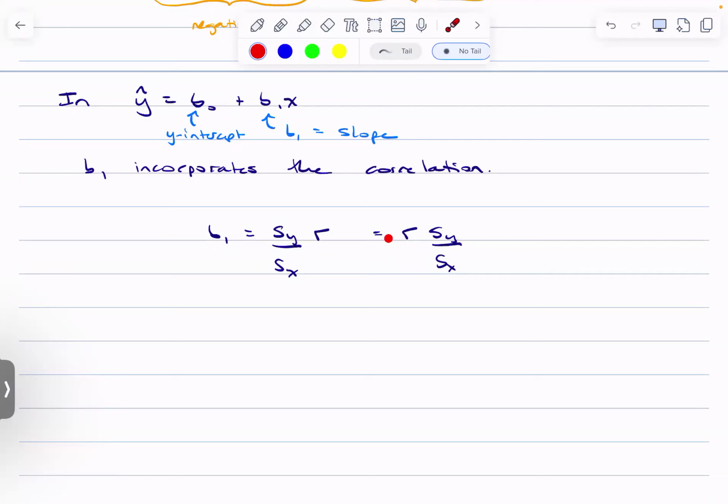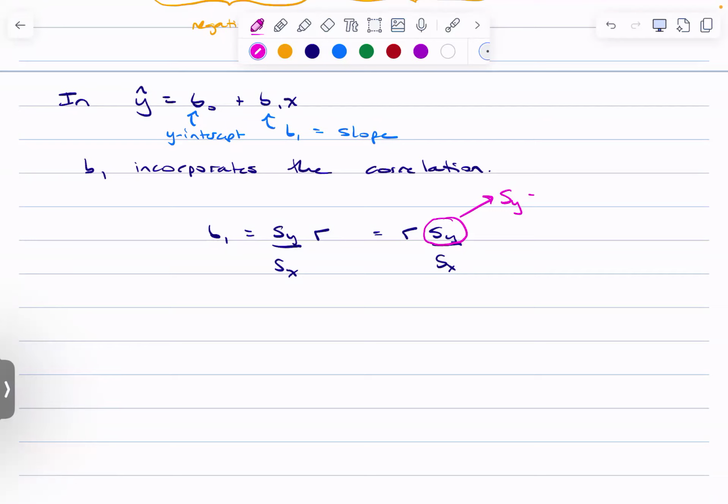So the correlation, that's what's going to tell it if it's positive or negative. Okay? And it also incorporates the strength, right? How quickly are you rising and that kind of thing. And then what are these little guys? That should read S subscript Y. That's the standard deviation of your Y's. Okay?